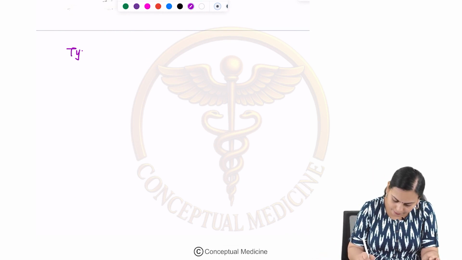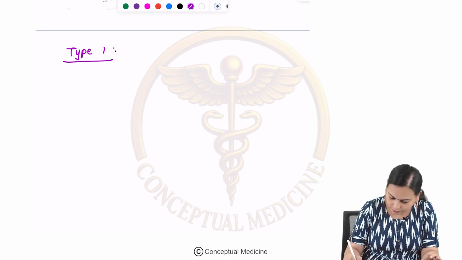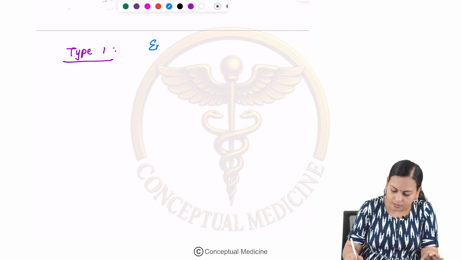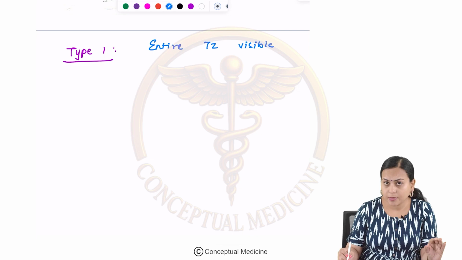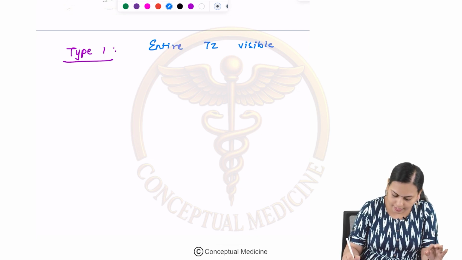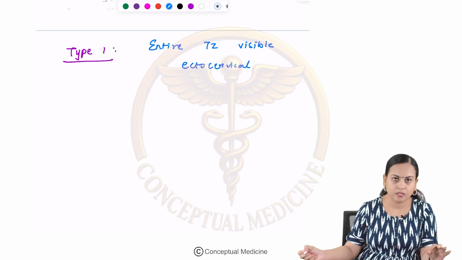Okay. So, type 1 transformation zone is where the entire transformation zone is visible and the transformation zone is entirely only ectocervical. Okay.